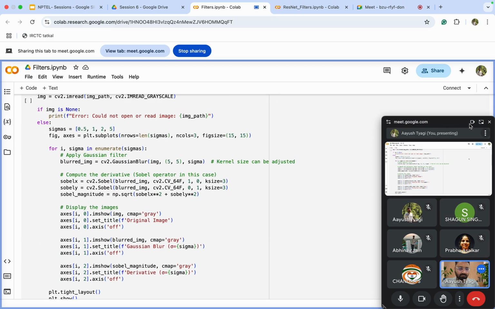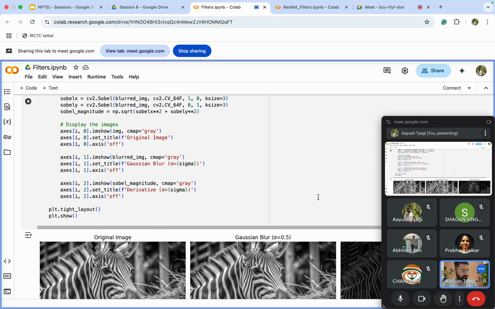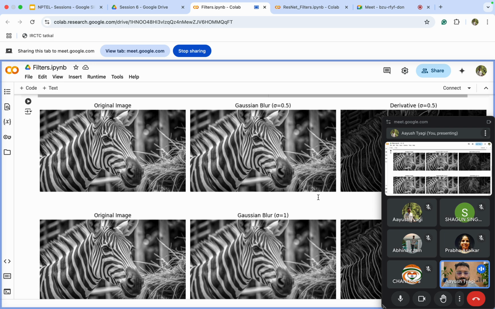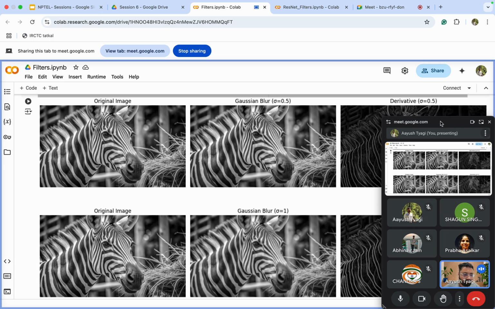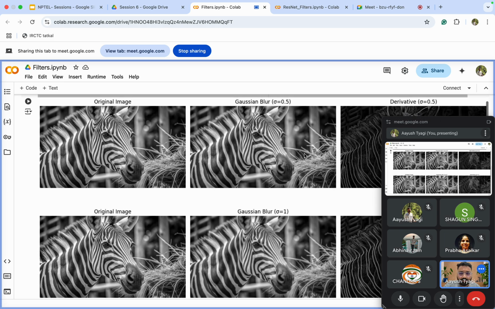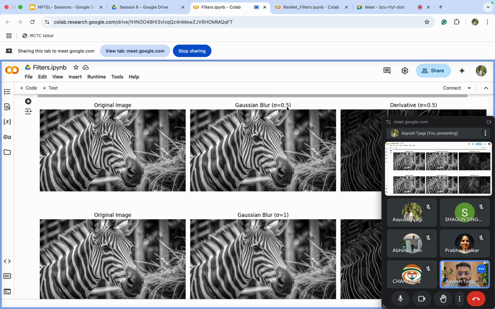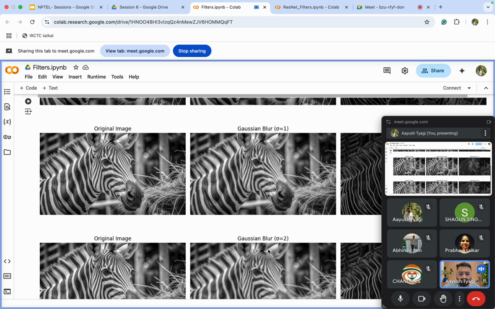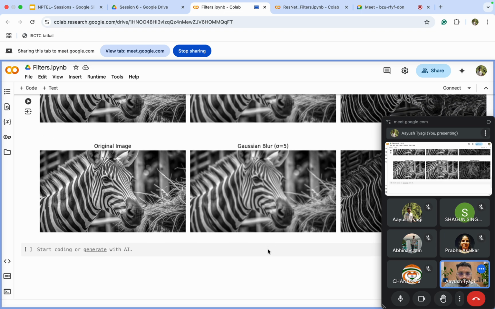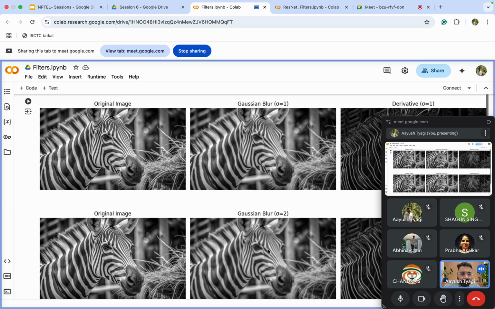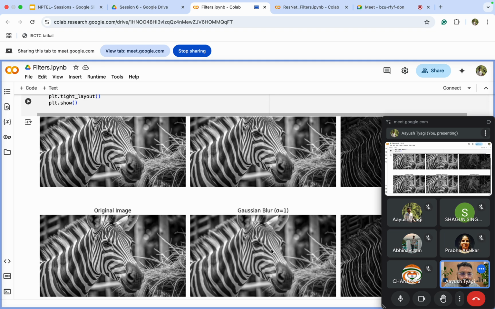I hope you can see my screen, right? I have taken the same image and I am increasing the standard deviation. What effect are you seeing? Can you make a guess?